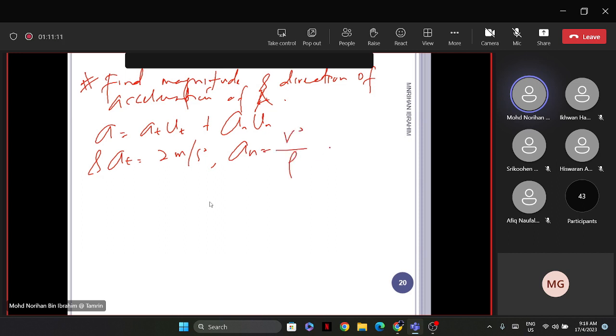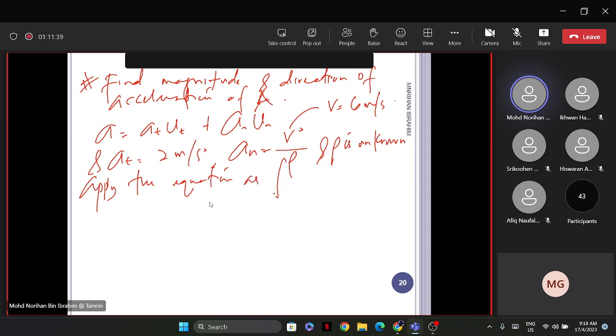And rho is unknown. V is equal to 6 meter per second. So since rho is unknown, then apply the equation as follows.